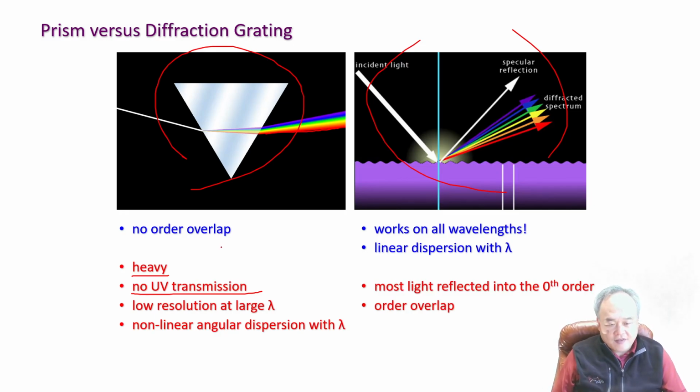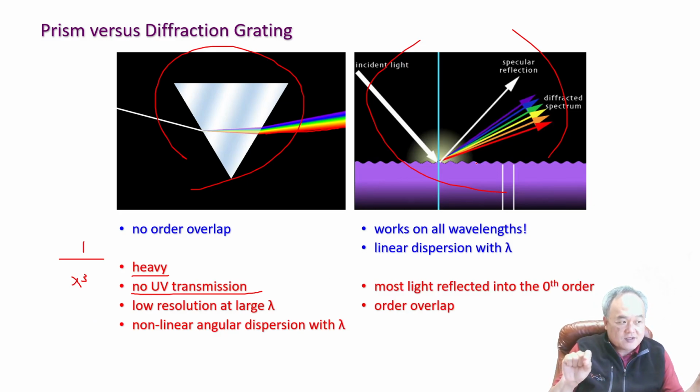Remember that d zeta over d lambda is inversely proportional to the lambda third power. Gratings actually overcome many of these disadvantages.